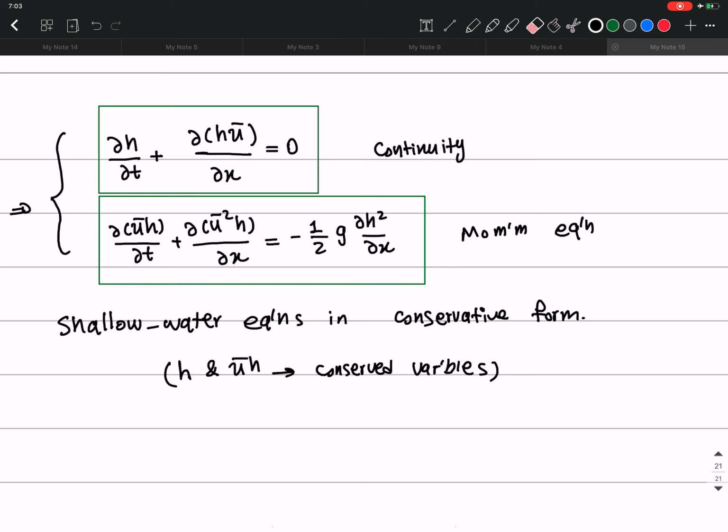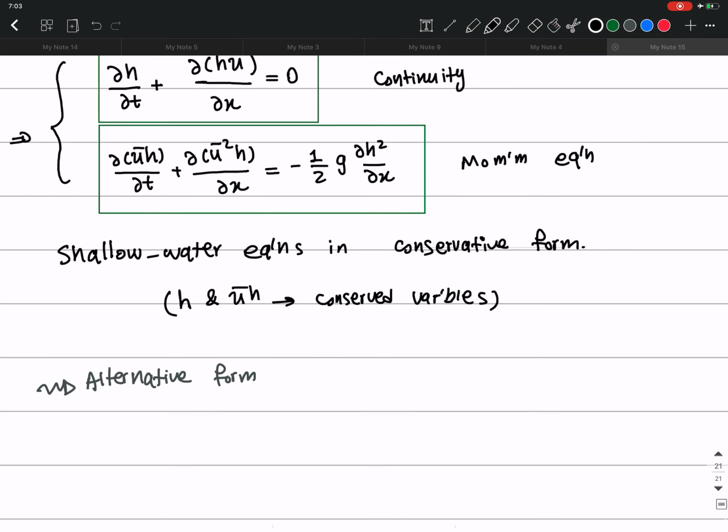So now I want to show an alternative form of this, which is a little bit simpler, not in the conservative form. It's an alternative form that you can also use. So for the momentum equation, I can just expand these terms. The first term is going to be u bar partial h over partial t plus h partial u bar over partial t.